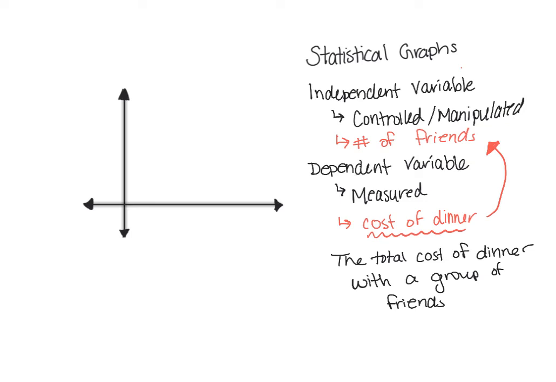When we think about where these lie on a graph, we know that this is my x-axis, and this is my y-axis. My independent variable is always graphed on my x-axis, and my dependent is always on my y-axis.